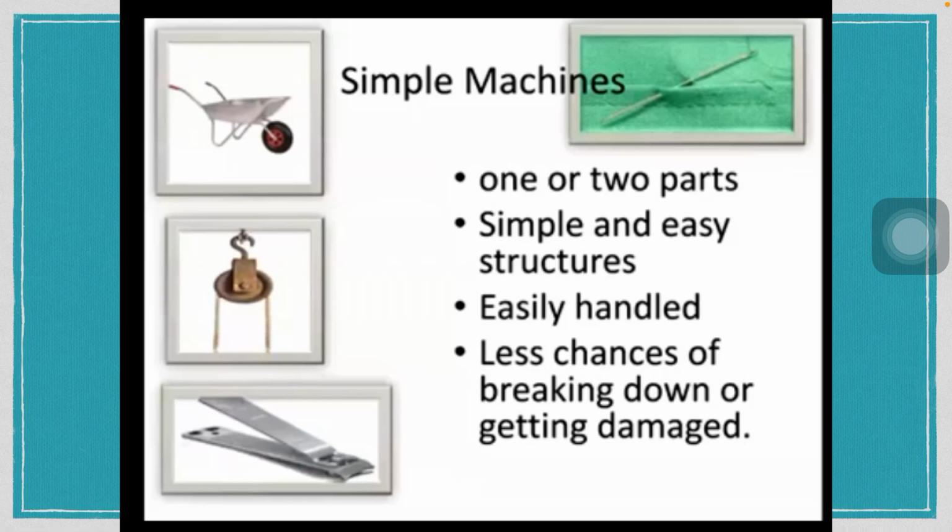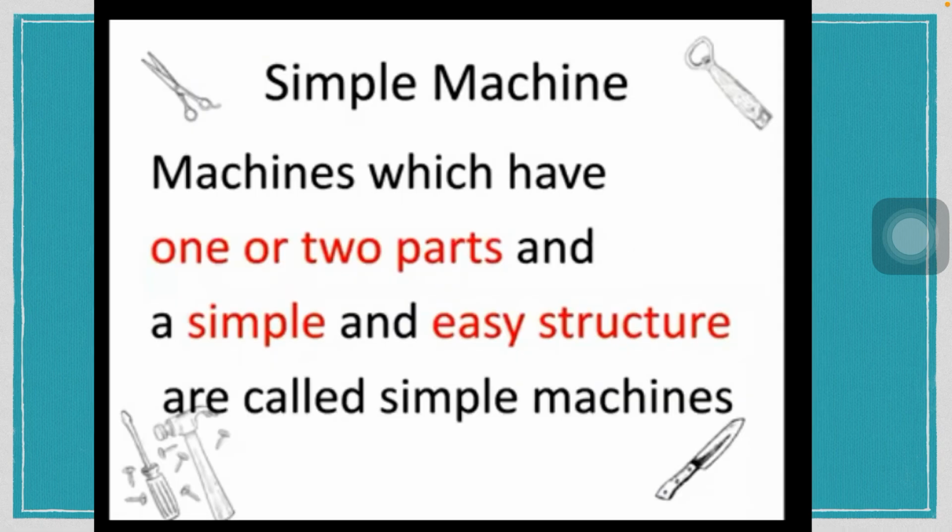Simple machines can be handled easily and there are fewer chances of these machines breaking down or getting damaged. We use many such machines in our day-to-day life. As I told you, machines which have one or two parts and a simple and easy structure are called simple machines.